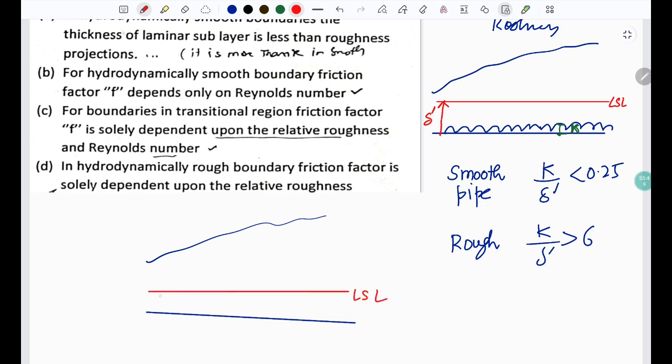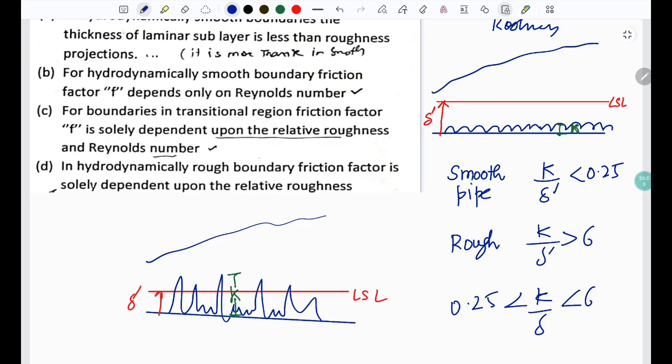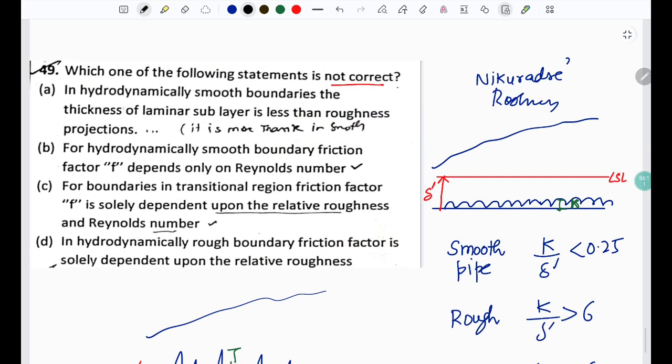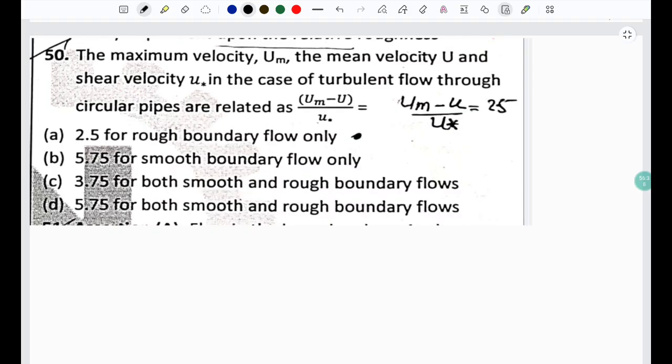This is delta dash, but in this case the roughness is high, so the average height K of the projection is high, hence K by delta is greater than 6. And when the ratio is in between the two, then you are in a transition zone. Hence the first statement was saying that in hydrodynamically smooth boundaries the thickness of the laminar sublayer is less than the roughness projections, but this statement is wrong, because in hydrodynamically smooth boundaries the laminar sublayer thickness is greater than the roughness projections. Hence this statement was wrong. The correct answer would be A. Here is another question which was from turbulent flow, and since I had not revised turbulent flow, I went for the bait.